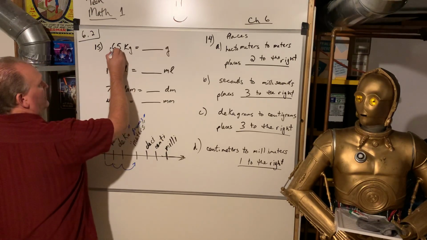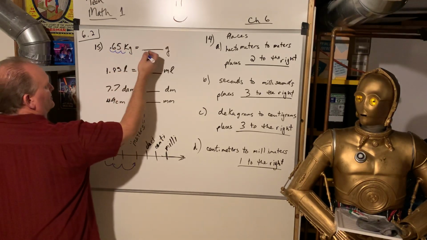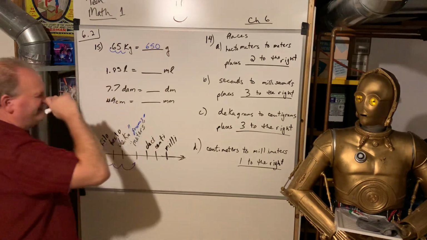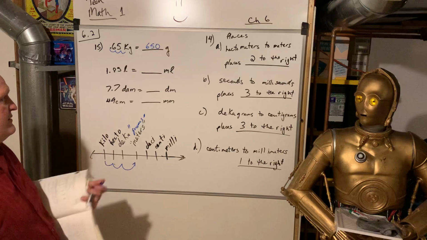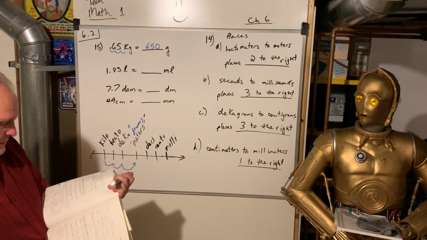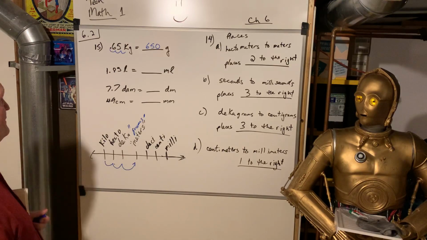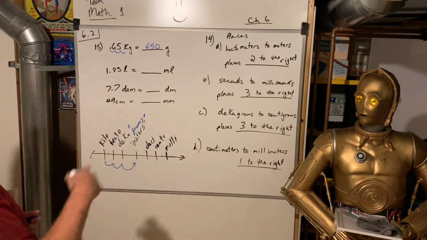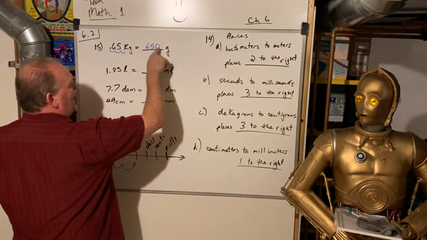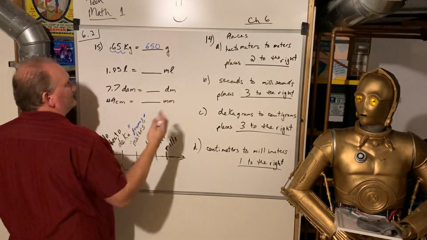I essentially multiply by 1,000. So that's 15,650 grams. If you have it in grams and want it in kilograms, that would be 1/1000th of what you got, so you divide by 1,000 and move the decimal the other way.